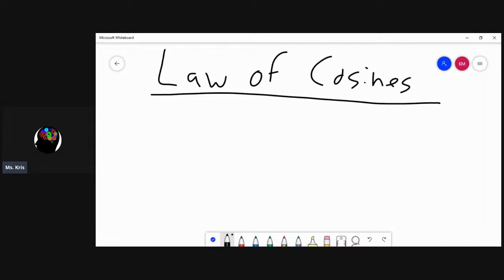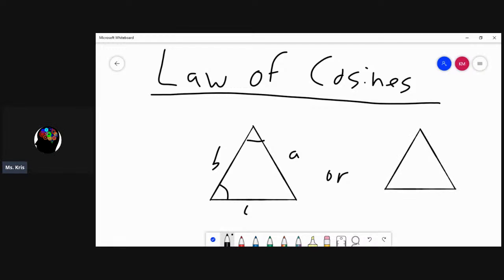So, law of sine says I could either have two angles and any side, or two sides and the angle opposite of one of them. That is when you use law of sine.